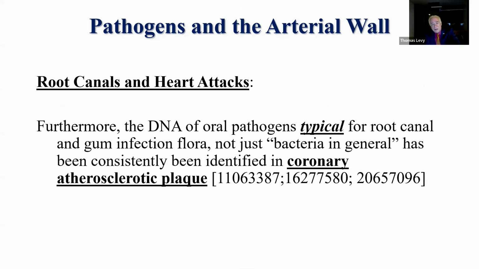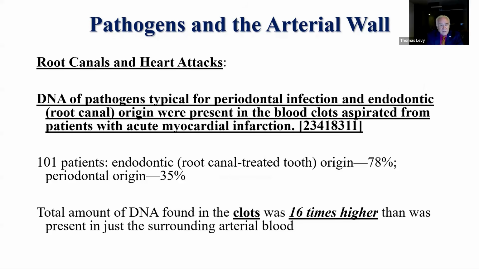The oral pathogens typical in root canals are also found in the coronary atherosclerotic plaque, and that's been established as well. In people that have heart attacks, they've had narrowings for a long time, and then finally they form a platelet clot, block off the blood vessel completely, heart attack.